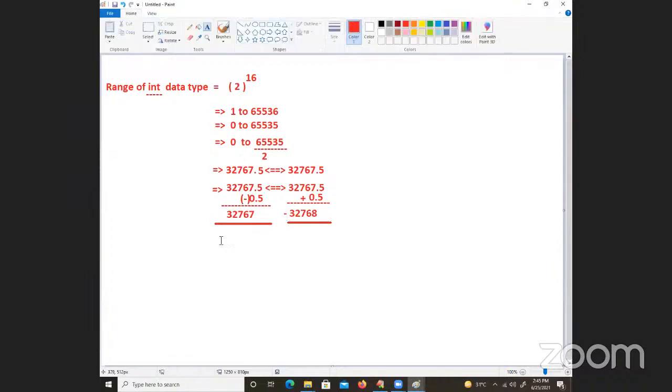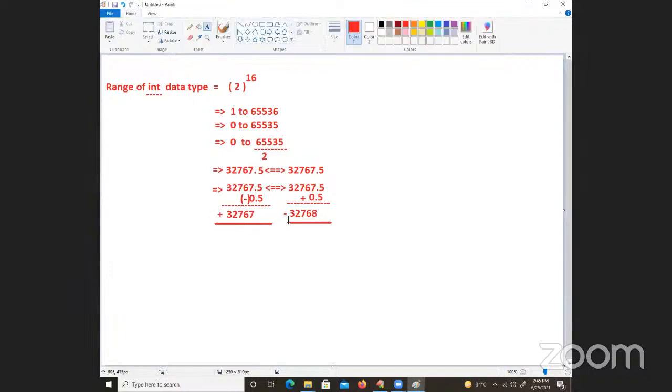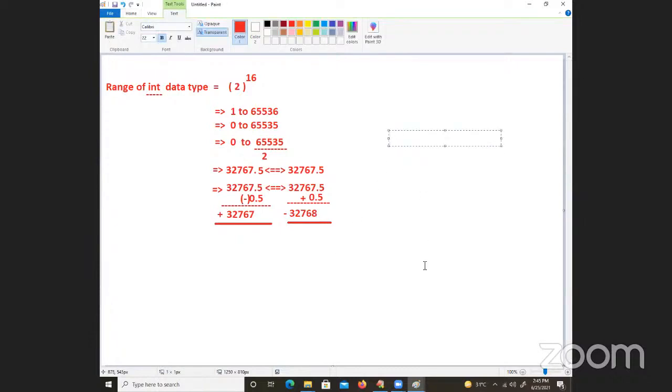See carefully, this is meant for the positive side. So, sir, why is one extra at the negative side? For storing the sign bit. One bit is reserved for that sign bit. That's why one is extra.